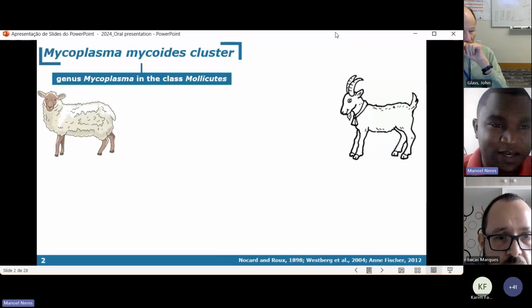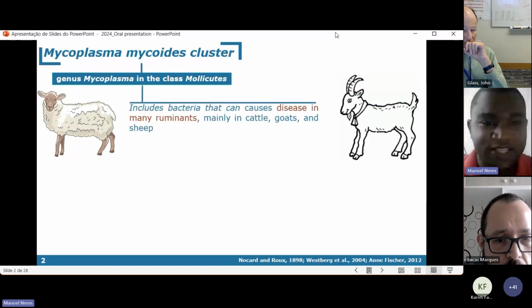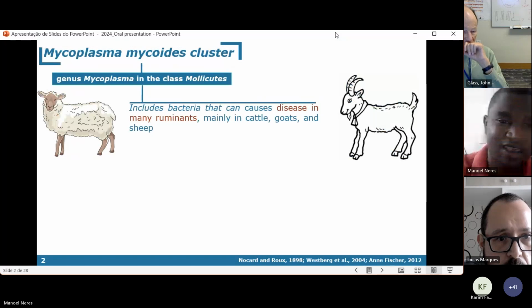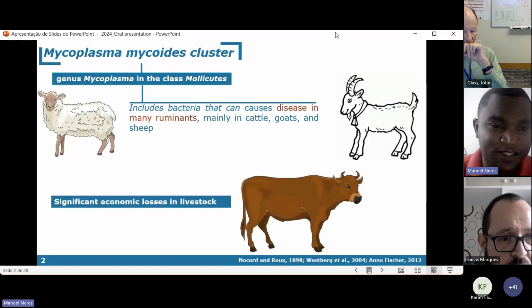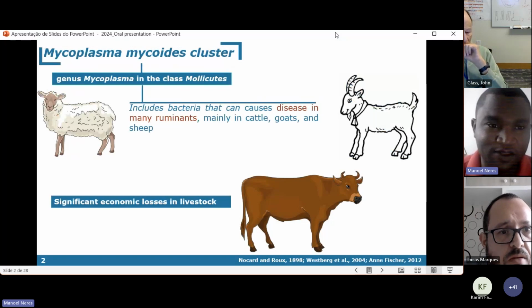Mycoplasma mycoides cluster includes bacteria that can cause disease in ruminants, primarily goats, cows, and sheep, leading to significant economic loss in livestock.